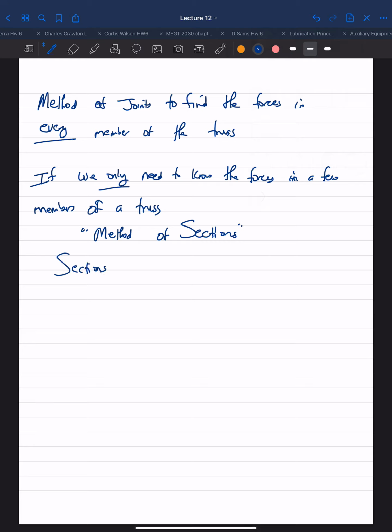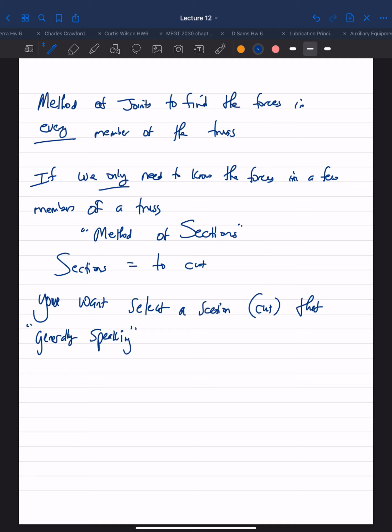And here, sections means to cut. So our technique here, you want to select a section or cut that, generally speaking, passes through no more than 3 members of the truss.